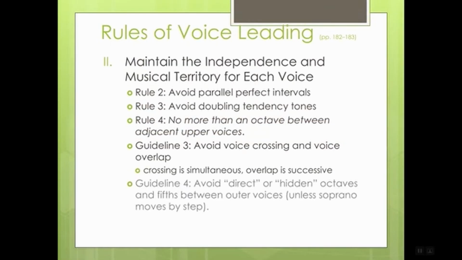Guideline number 4, I put this in gray because it's not super important, but avoid direct or hidden octaves and fifths between the outer voices unless it's a soprano moves by step. I know that's going to be strange. We'll probably go over it in another video. But what is direct motion? Direct and hidden mean the same thing. So hidden fifths, hidden octaves are the same as direct fifths and direct octaves.